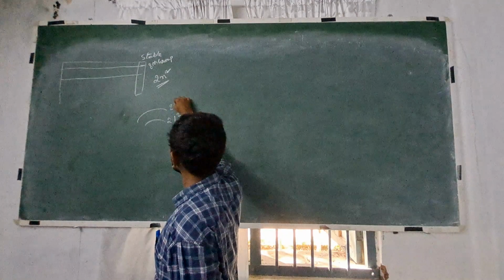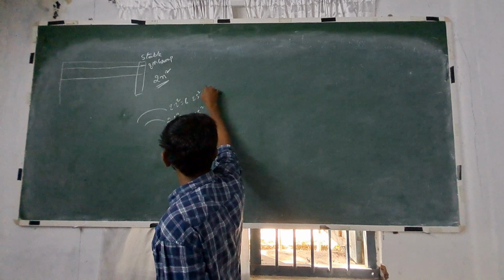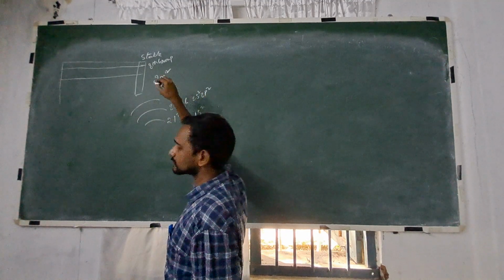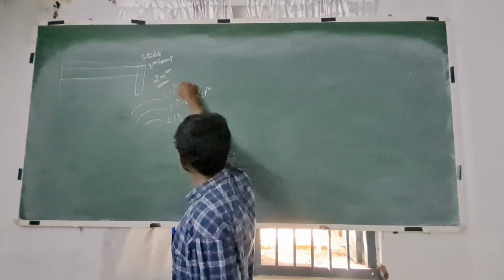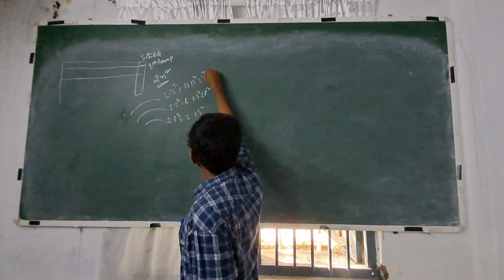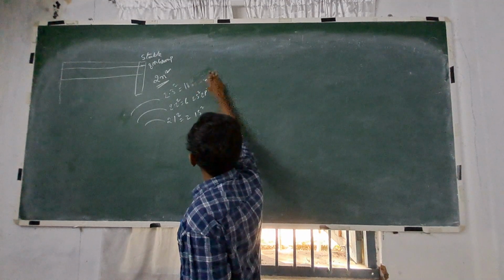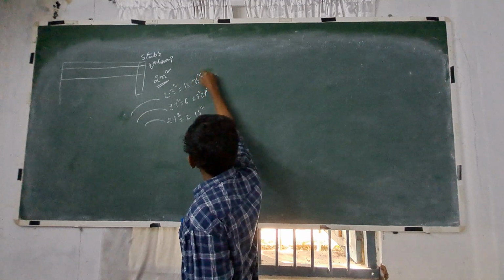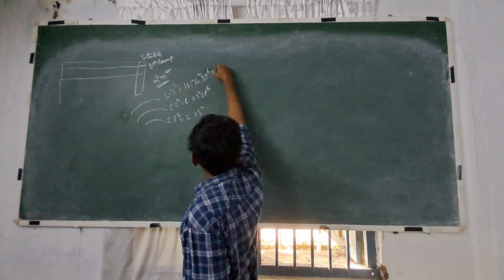Second orbit లో 2s2 2p6. Third orbit 3s2, 3p6, 3d10.